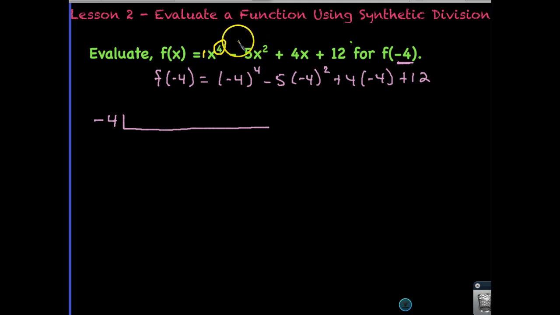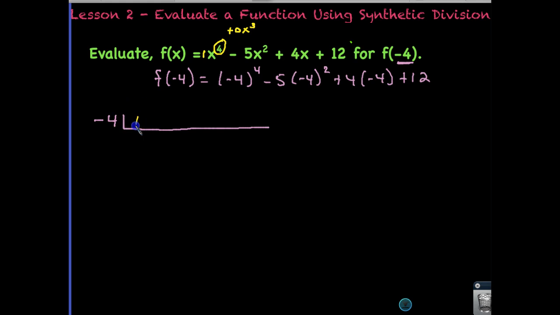And we do need to have an x to the 3rd term. So if we think about what it might be, it's probably 0 x to the 3rd. 0 x to the 3rd would just be 0, and therefore it's not written in our polynomial. But we do need to consider that we have a 0, we call that a placeholder, if we're missing a term. So let's go ahead and start writing those.